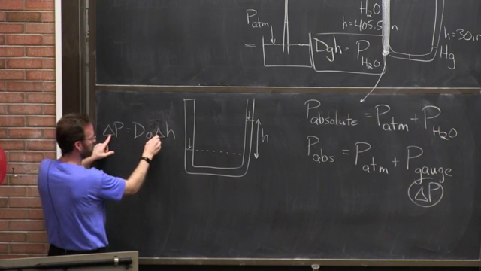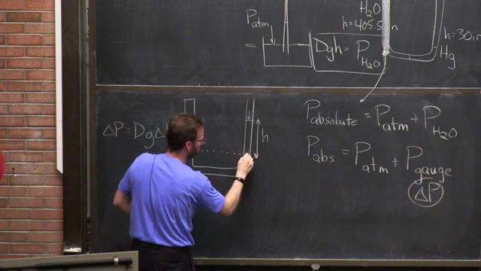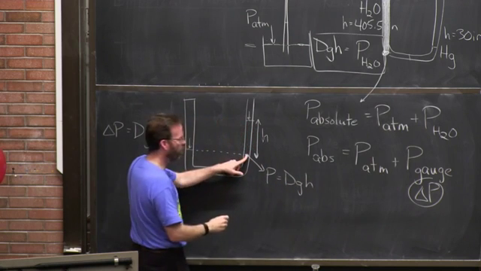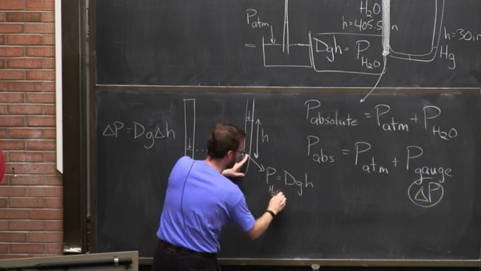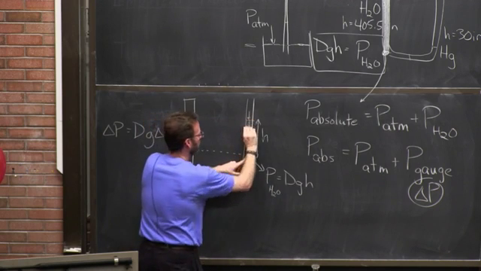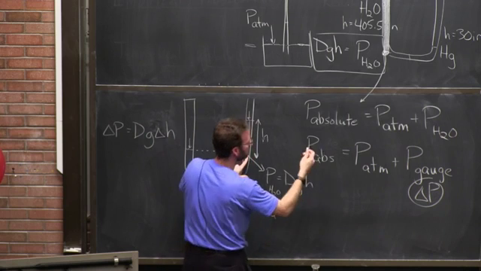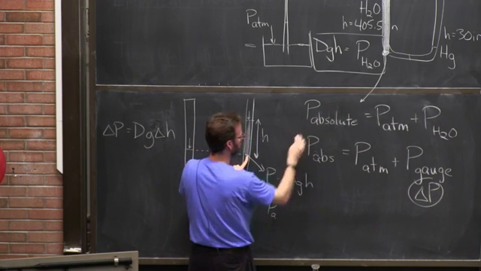So this is the difference. The pressure here is rho g h, just due to the water, right? That column. If you want the absolute here, you have to add on the atmosphere.